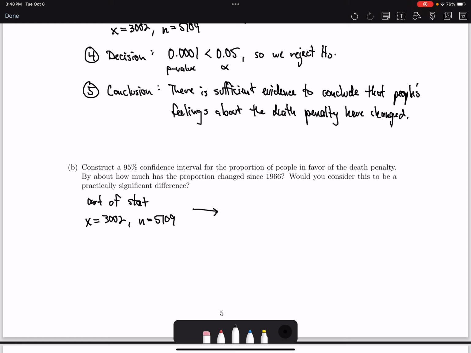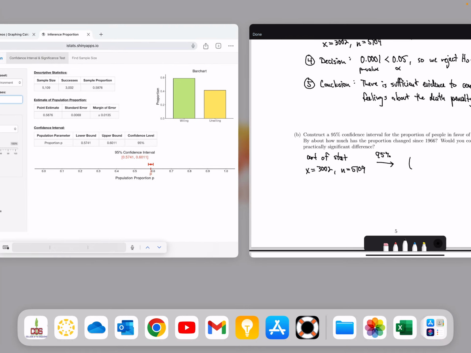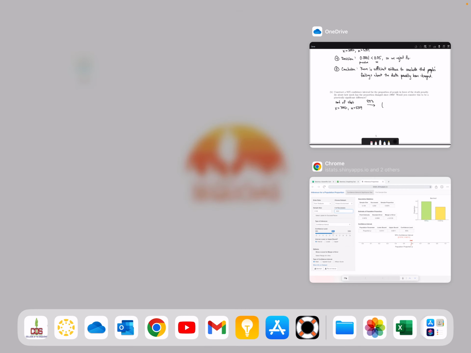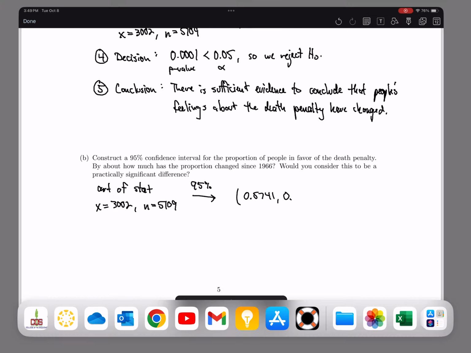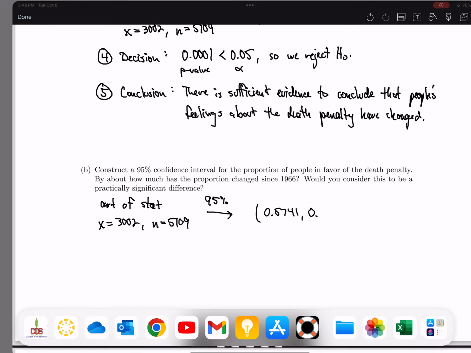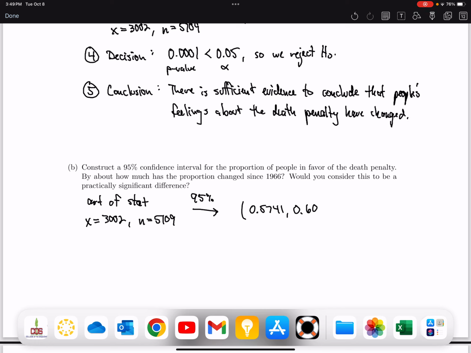And we constructed a 95% confidence interval, and we found it to be 0.5741 to 0.6011. Okay, so there's our confidence interval.